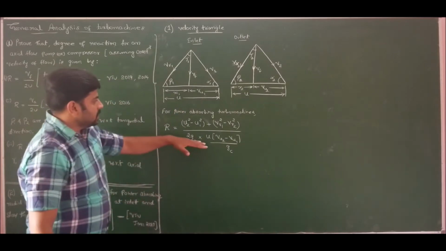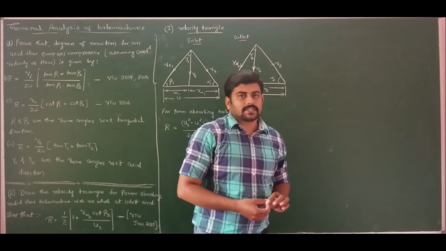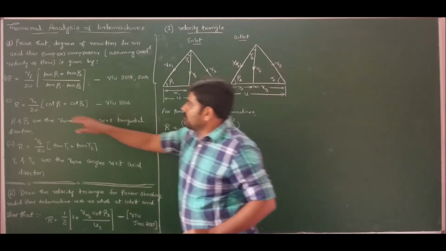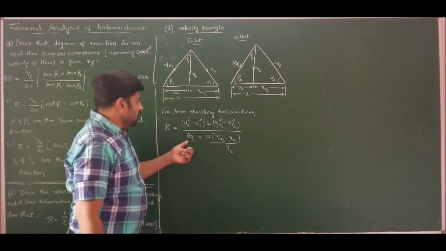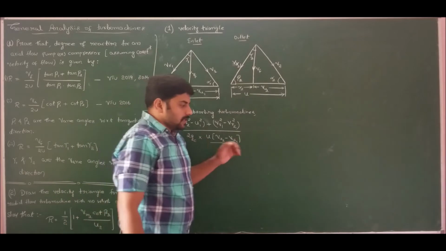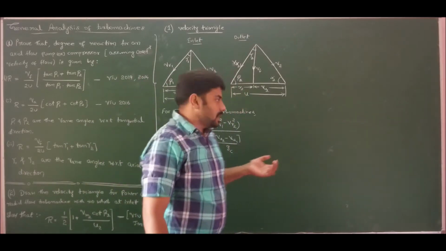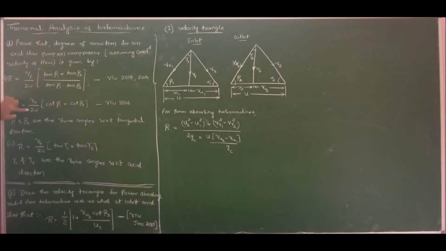Why am I using this denominator, Euler's equation for energy transfer? Because if you observe the proof, you want 2u, so if I write in this manner I will get 2u. If I substitute the denominator using the static plus dynamic component, then I won't get 2u in the denominator. In the question we have 2u in the denominator.